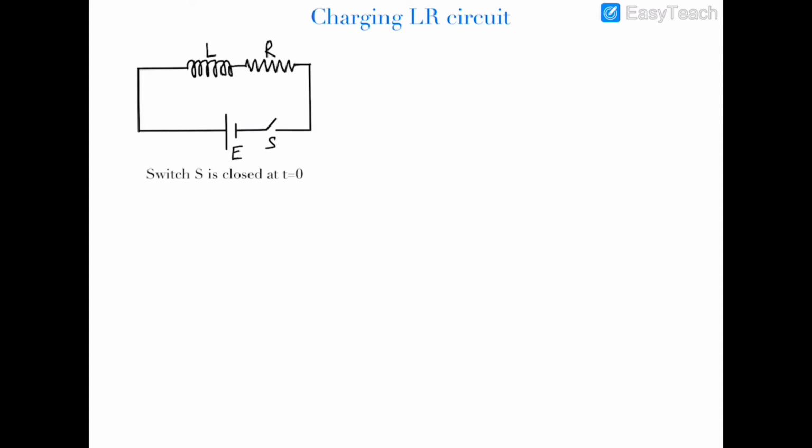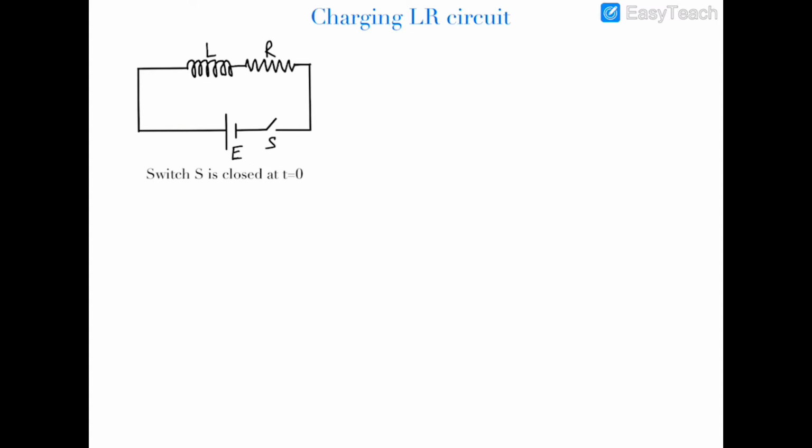So as soon as I close this switch S, the current will start to increase in this circuit, and if this current is increasing, then a time would come when this current would achieve a saturation value.